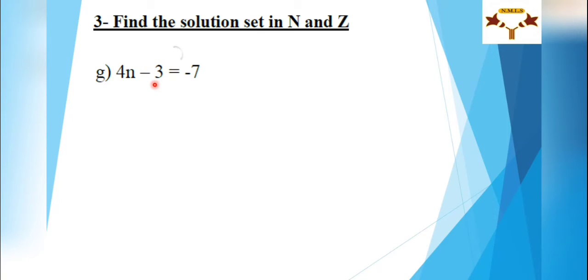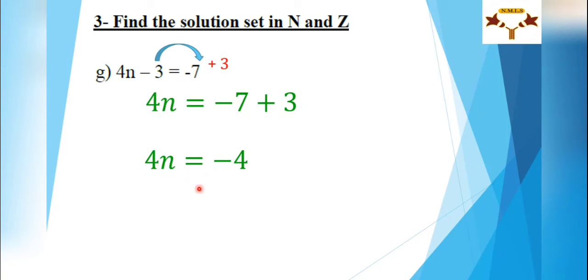So here I will first transfer the minus 3 to the other side as positive 3. Now my equation is 4n equal negative 7 plus 3. Here 4n equal negative 4.